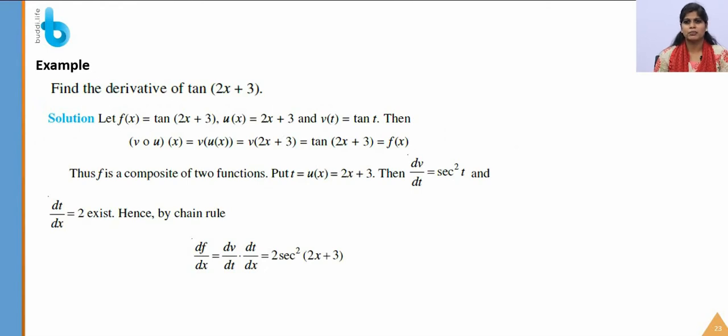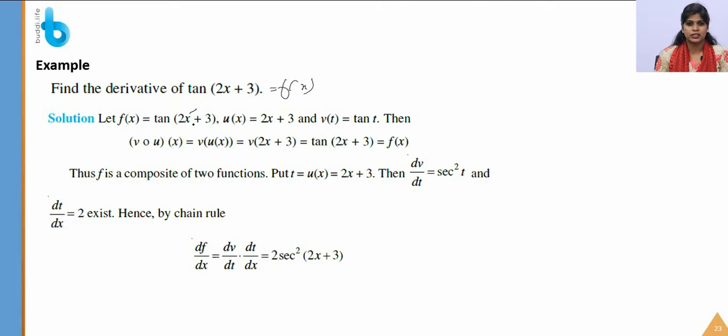Now we will see an example. Find the derivative of tan(2x plus 3). The given function is taken as f(x) equal to tan(2x plus 3). Here it is a composition of two functions. What are the functions?